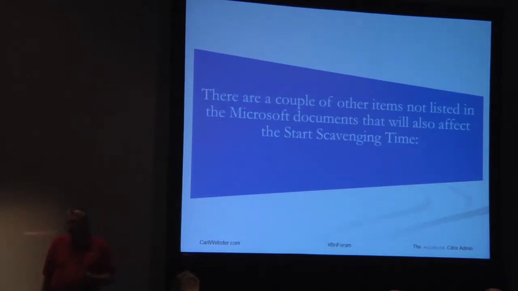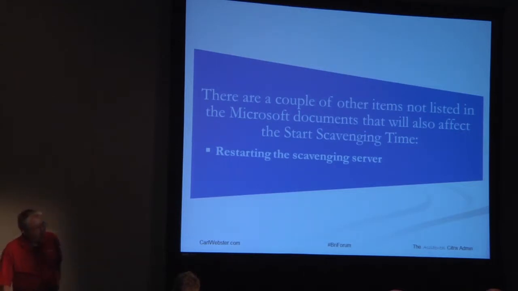What entries do I see in DNS? Well, I did the bad thing of setting automatic Windows updates on my domain controllers, and they all rebooted. And as I found out, if you restart the scavenging server, it resets the start scavenging time. So all my carefully calculated stuff to where I'd be able to get a screenshot on the second Tuesday of that month, shot, because every server rebooted.